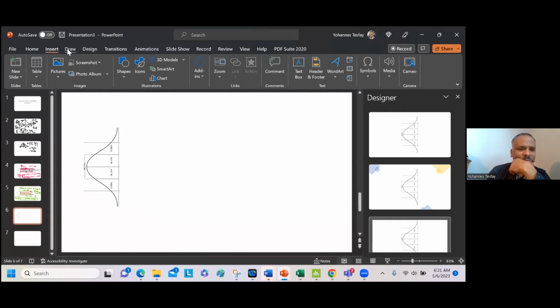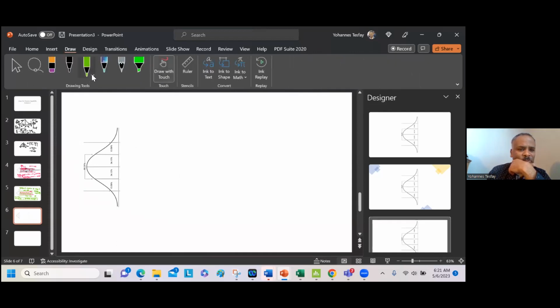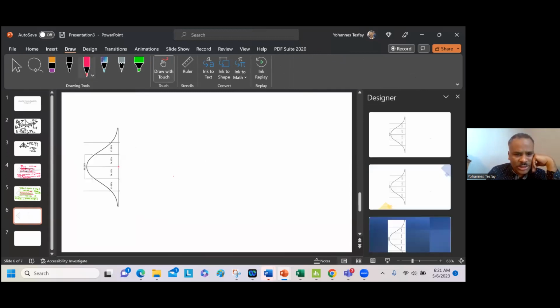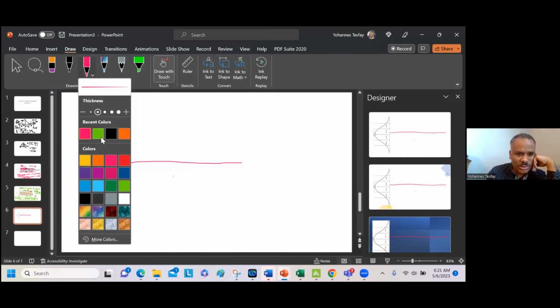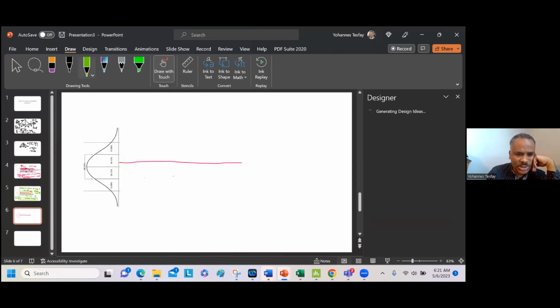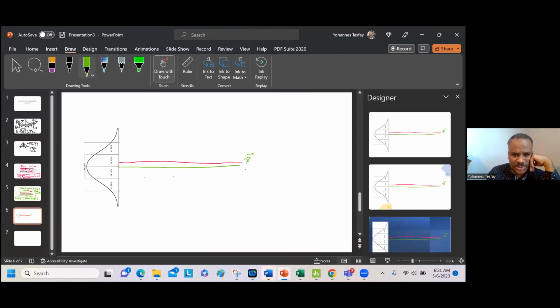Assume this is your process mean, and this is the specification mean right here, the specification mean or target. Then this is the process mean, X bar bar, but the second one is the target.